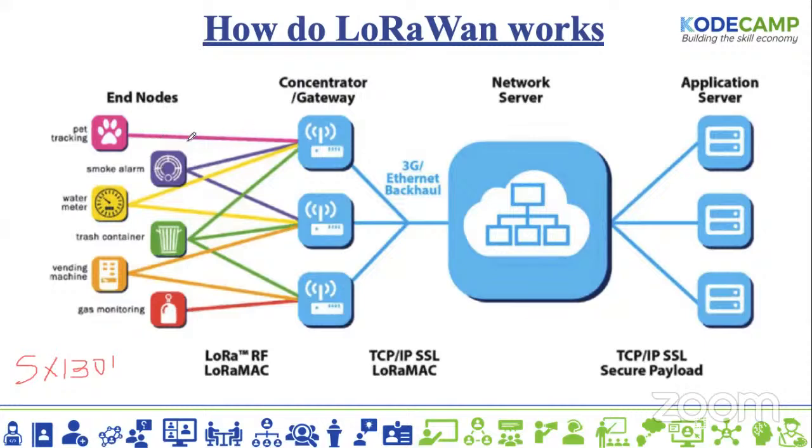So a different data rate in which they transmit and different frequencies. Now the spread, 0.3 kilobits per second, so about 50 kilobits per second. That is really good.